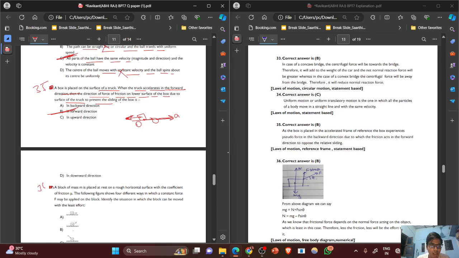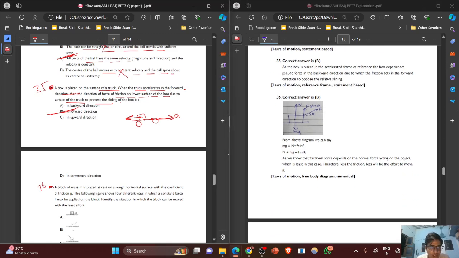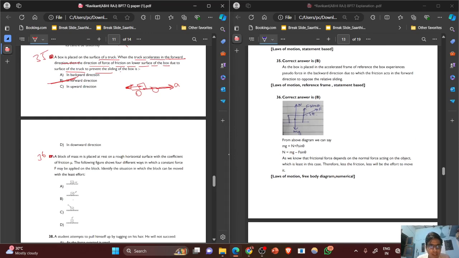Now moving to the 36th question. A block of mass m is placed at rest on a horizontal surface with coefficient of friction mu. The following figures show four different ways a constant force may be applied. Identify the situation in which the block can be moved with least effort.